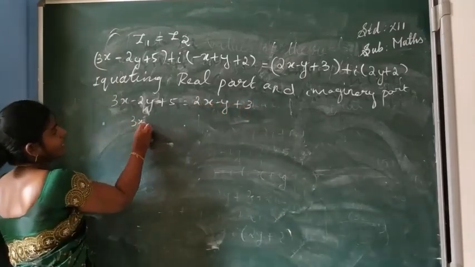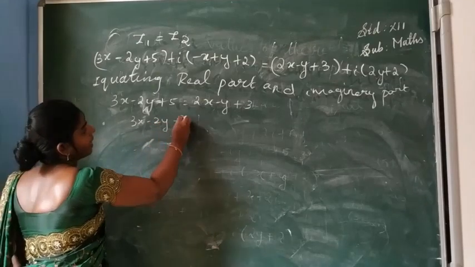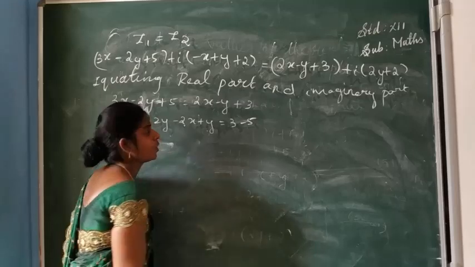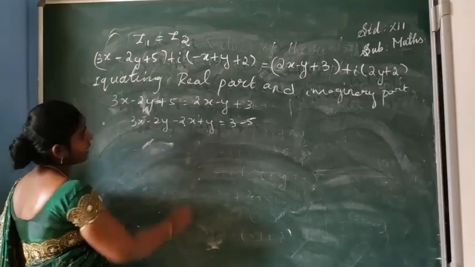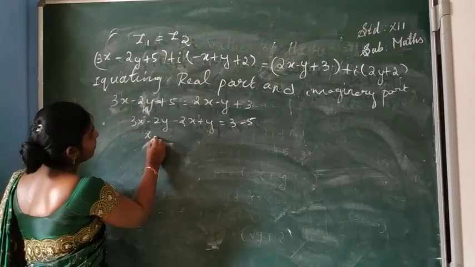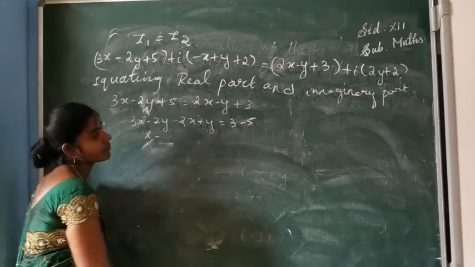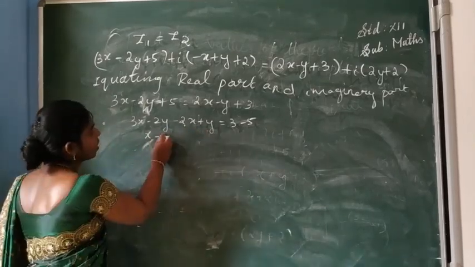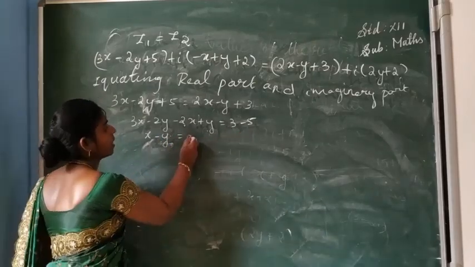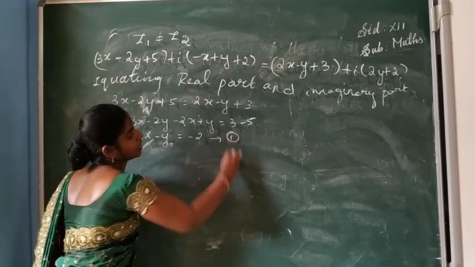So 3x minus 2y minus 2x plus y is equal to 3 minus 5. So 3x minus 2x, the value is x. Minus 2y plus y, the value is minus y. That's equal to 3 minus 5, the value is minus 2. Take this as equation 1.